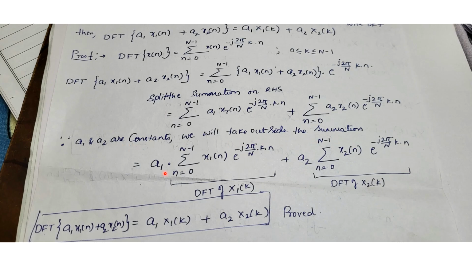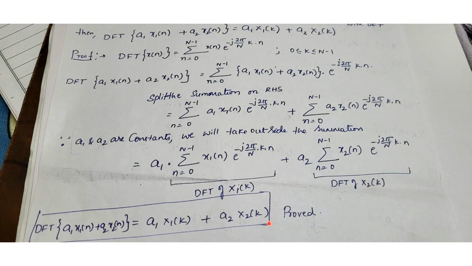Then you can recognize that this is the definition of the DFT of x1 of n, that is X1 of k, and this is also the definition of the DFT of x2 of n, that is X2 of k. So summarizing, it is a1 into X1 of k plus a2 into X2 of k.